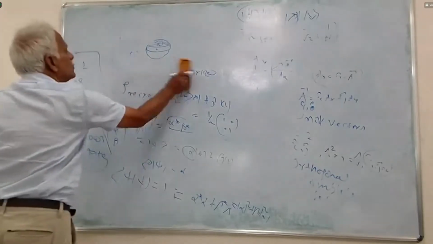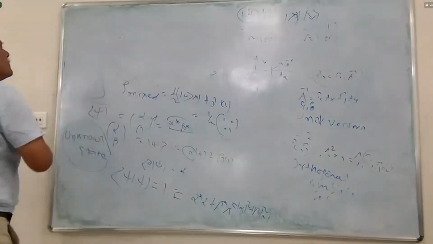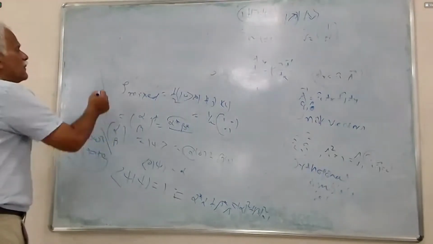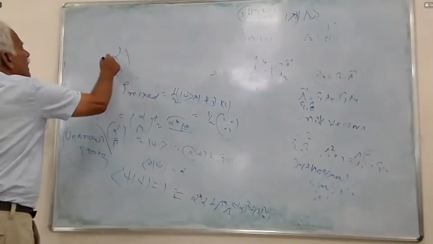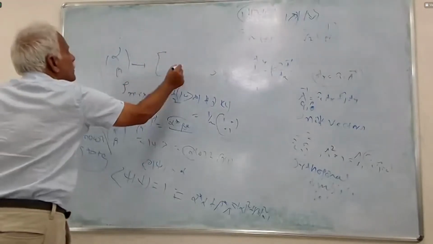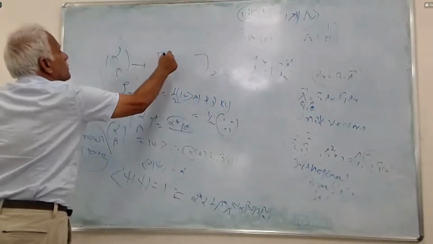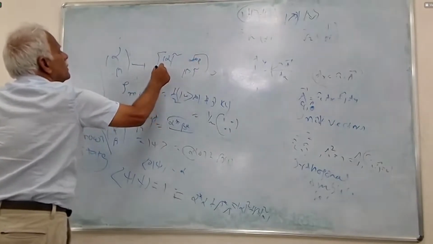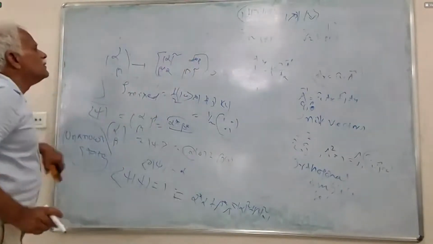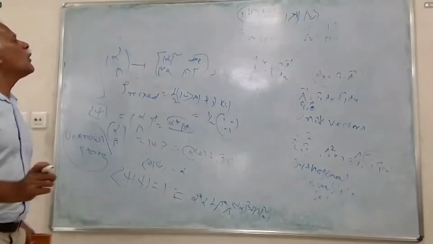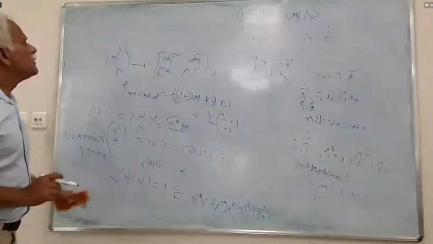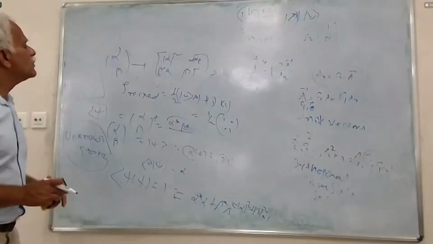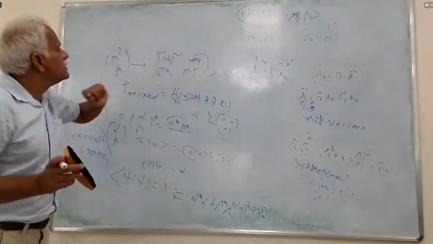Very nice. So now, in general, I have taken alpha, beta and I have shown you this matrix, which I have already multiplied: alpha mod square, beta mod square, alpha beta star. These diagonal entries are called populations, like intensity, and the off-diagonals are coherence.